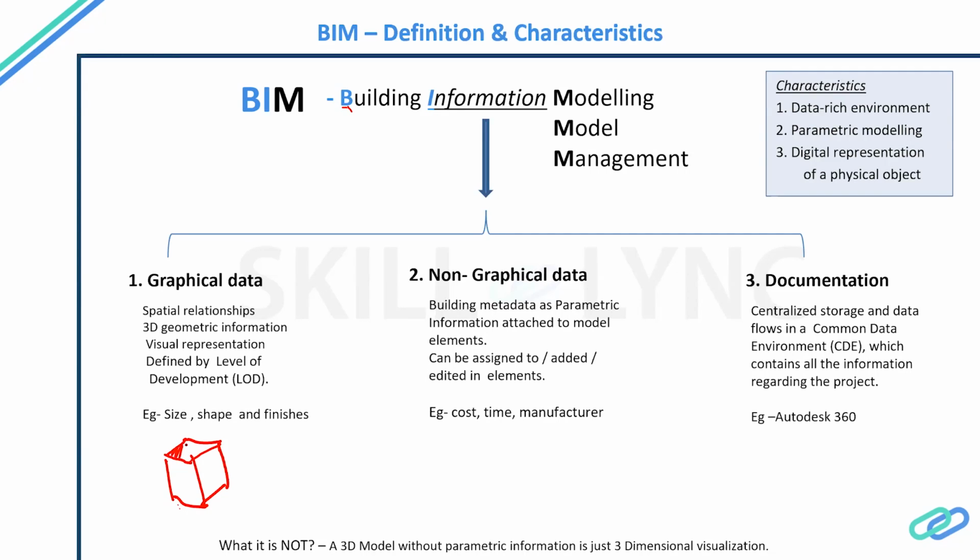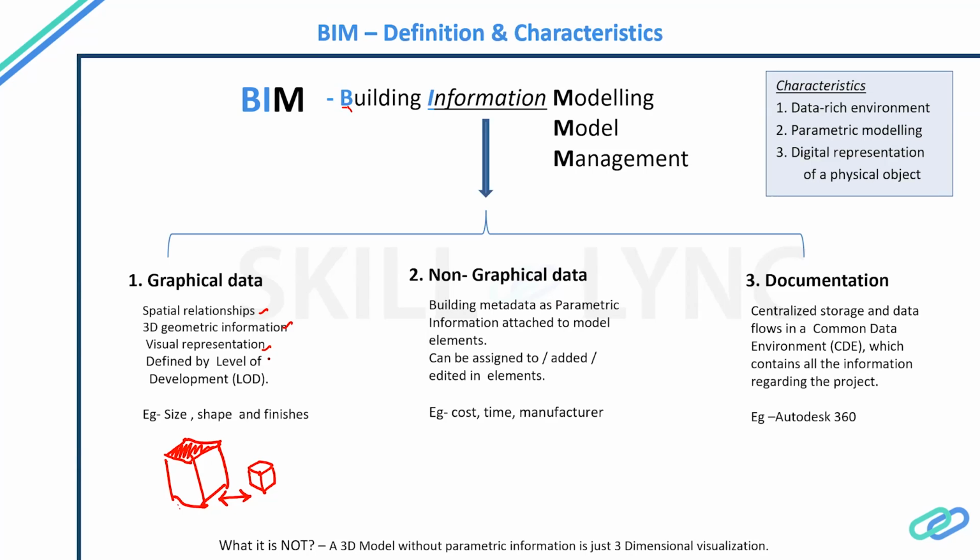And we can add another piece of information, such as the finish. The top has a different finish. And if I draw another cube nearby, we state the spatial interrelationship between those 2 objects. So this is what graphical data can mean. It explains the spatial relationships, geometric information, visual representation, and other kinds of information. So this graphical information can be there in any 3D BIM modeling or visualization software.